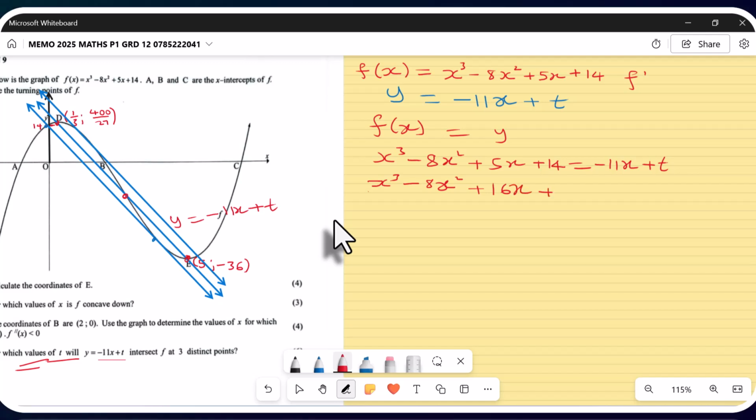So from here, it gives us 3x squared minus 16x plus 16 equals 0. Because of the 3x squared, I'm going to have a 3x multiplied by x, equals 0. The 16 is the same as 4 times 4. Using the cross method, 3 times 1, and then 4 times 4.